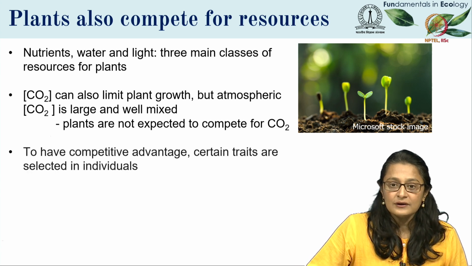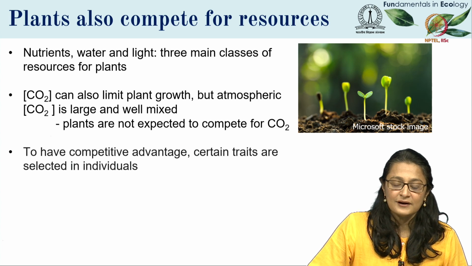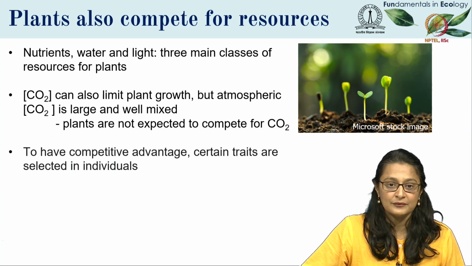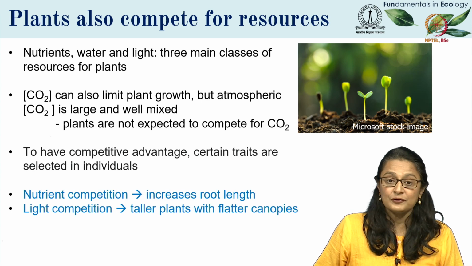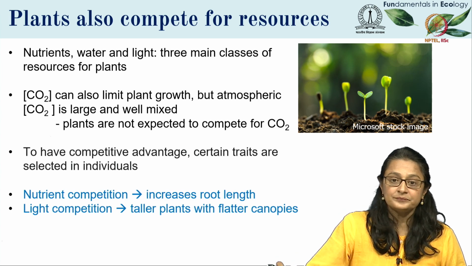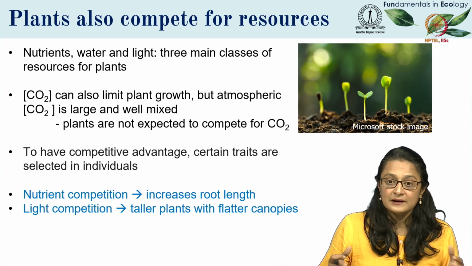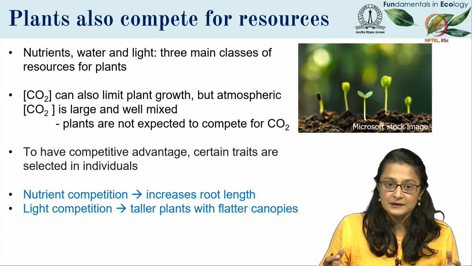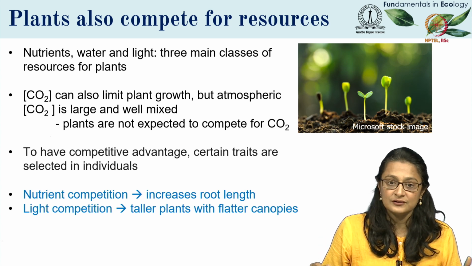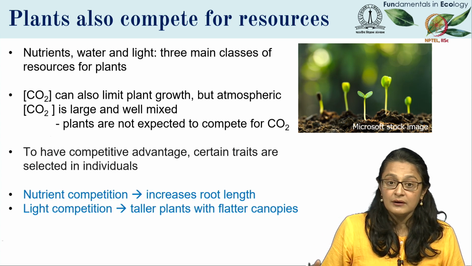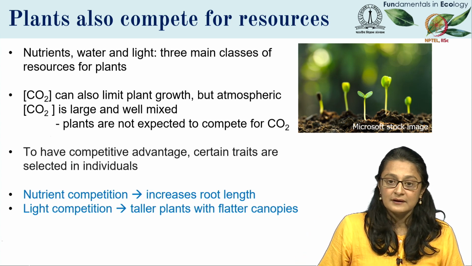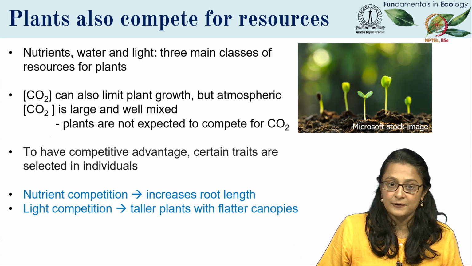So we can look at the traits plants have to infer what the limiting competitive resource is. To have competitive advantage, certain traits are selected in individuals. For example, if the habitat has nutrient limitation and plants of the same species are competing with each other for nutrients, what you'd find is that individuals will grow longer roots so that they can access nutrients better.